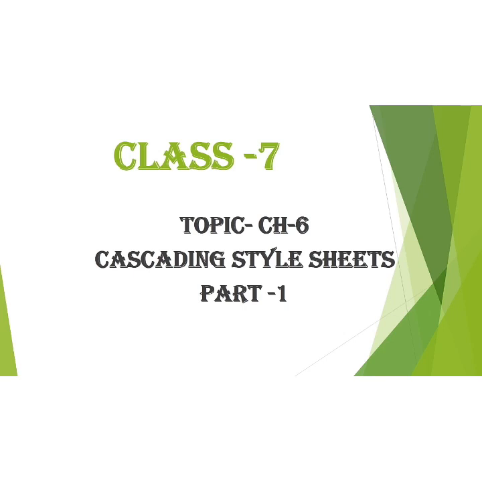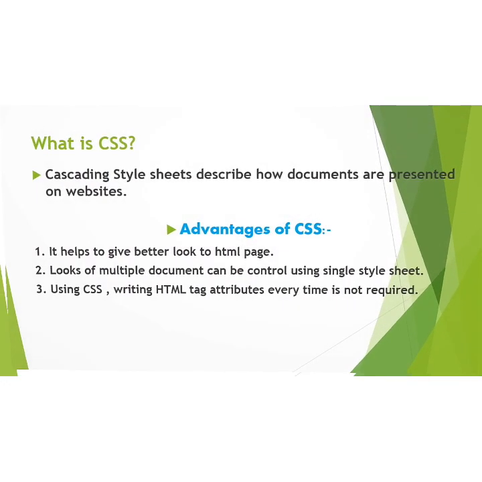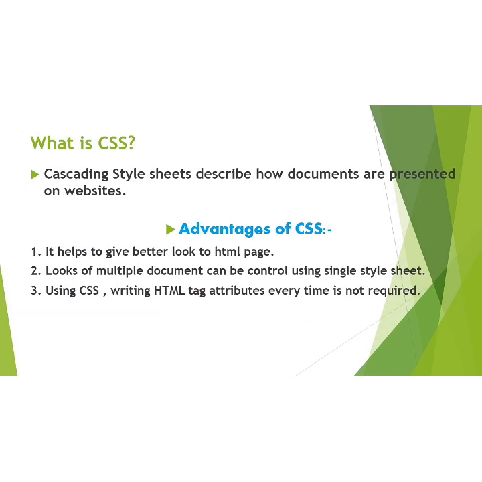Class 7th, let us start today's topic, Chapter 6, Cascading Style Sheets, Part 1. But before I start with CSS, I would like you to tell first the advantage of designer sheets that you use while making your projects, right?